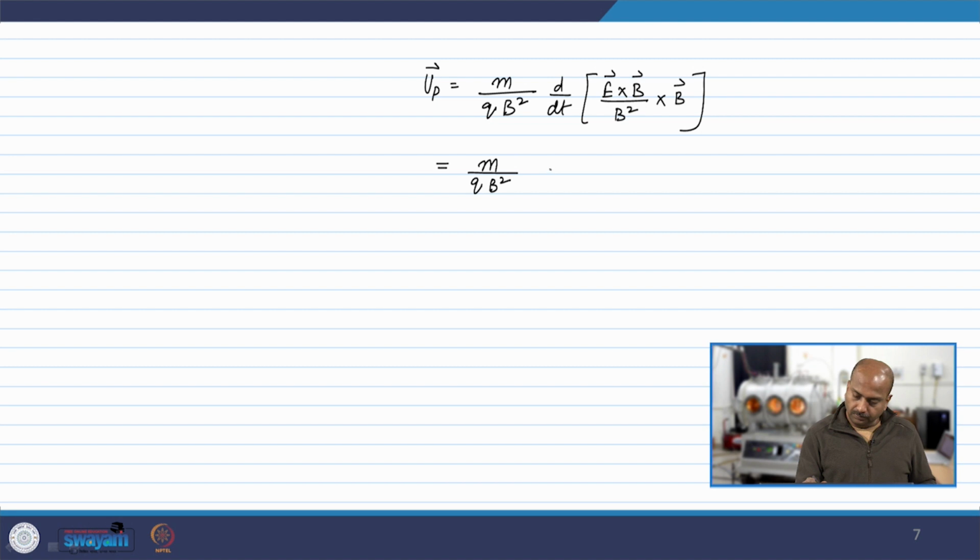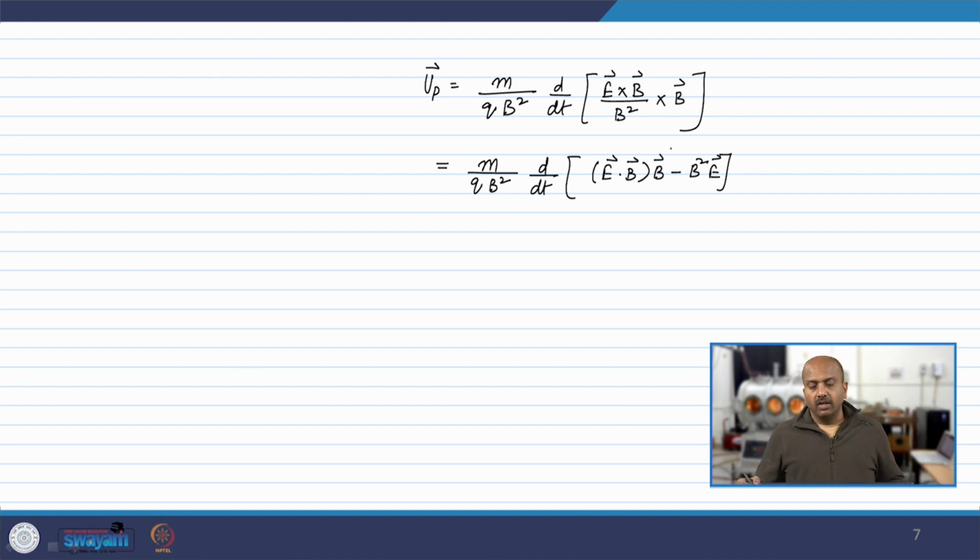like this, or d by dt of E dot B times B minus B square E. So, the electric field and magnetic field are perpendicular to each other. So, this term right away becomes 0.